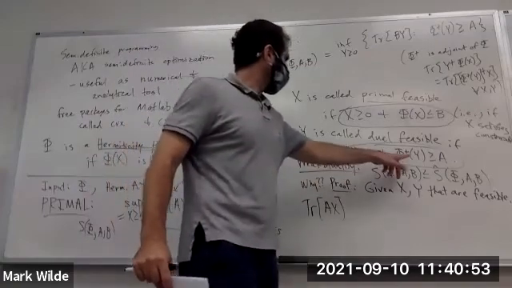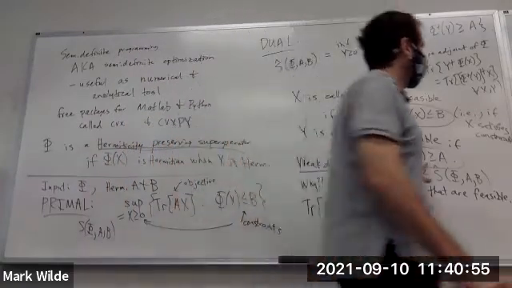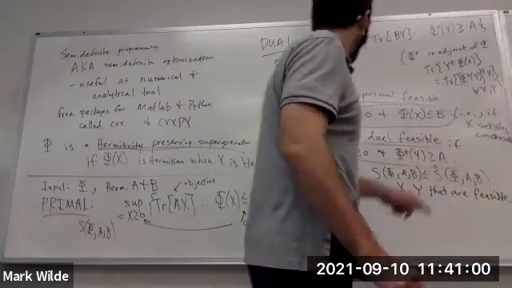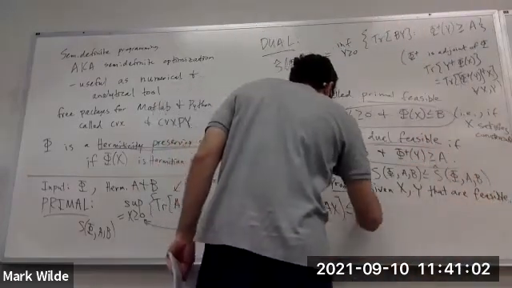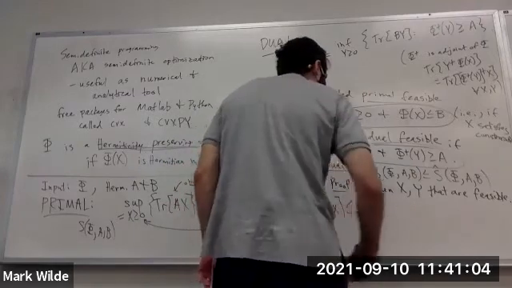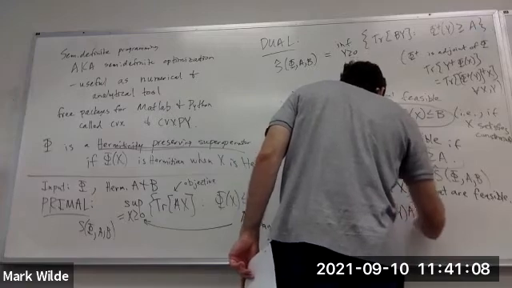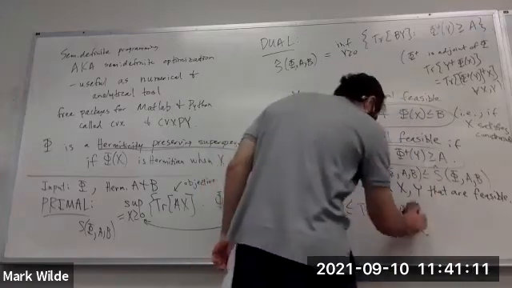So we can use this constraint and this trace inequality to say that this is less than trace Y dagger Y. No, X, sorry.